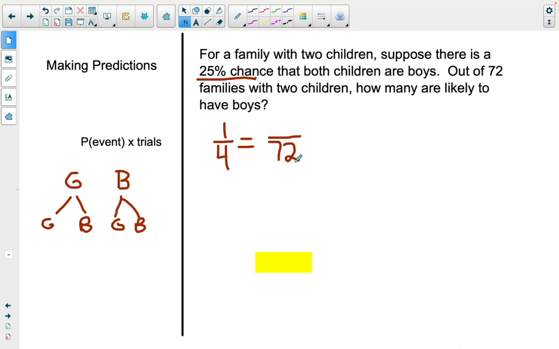So, again, I could do my cross products. 1 family out of 4. How many out of 72? 1 times 72 is 72. 4 times x is 4x.